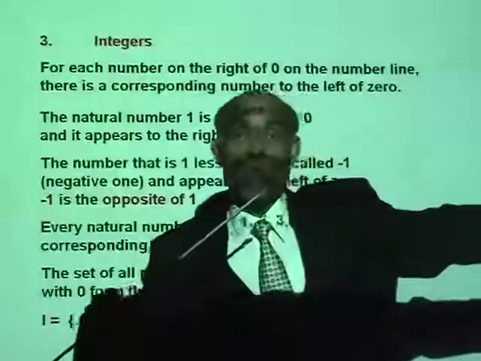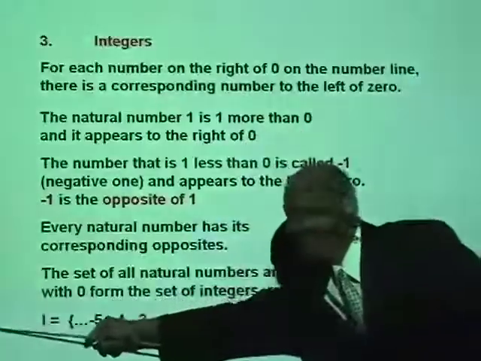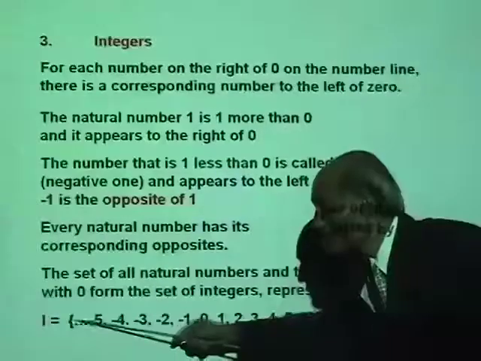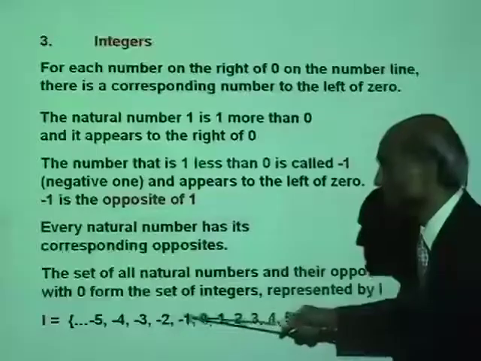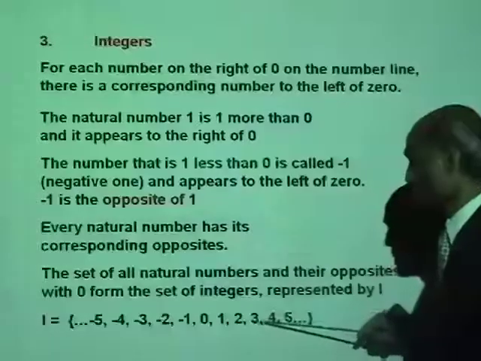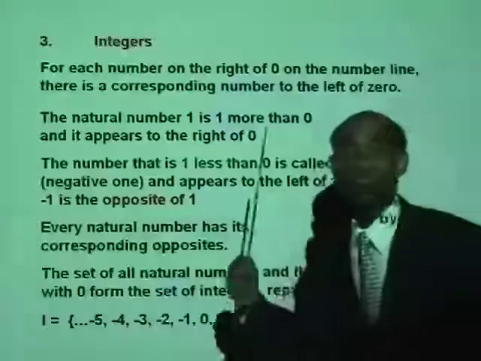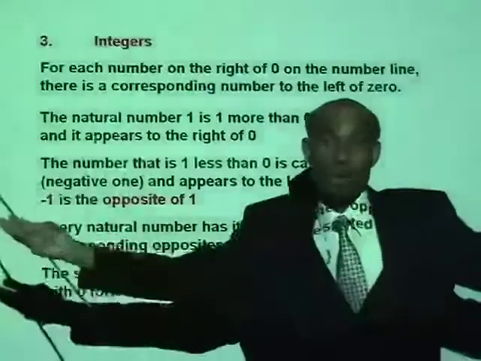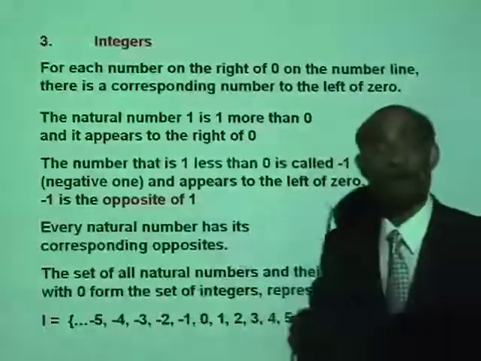It starts all the way from -infinity, all the way from -infinity to -5, -4, -3, -2, -1, 0, 1, 2, 3, 4, 5, goes all the way to positive infinity. And all these numbers put together is called the set of integers.